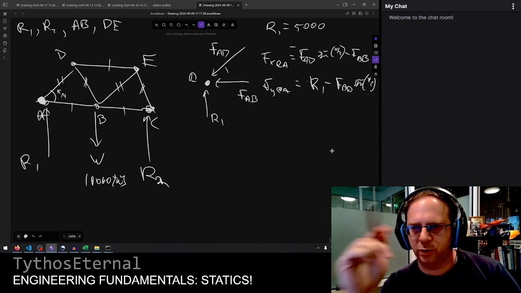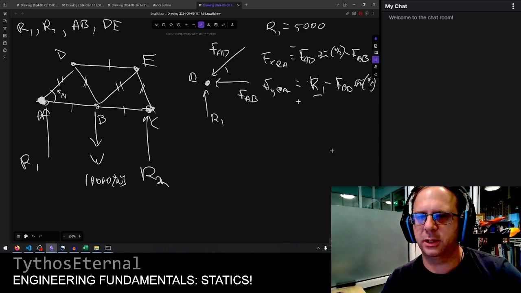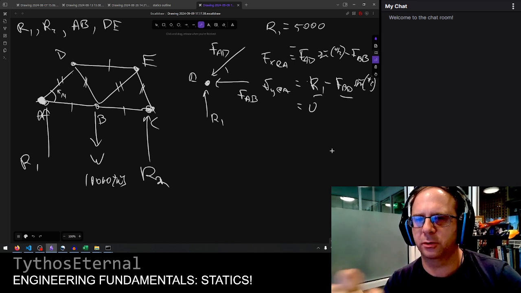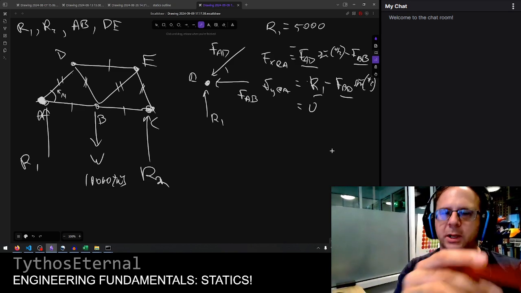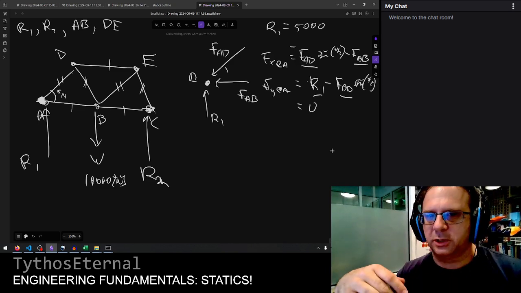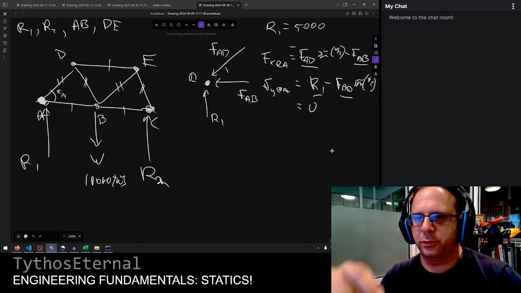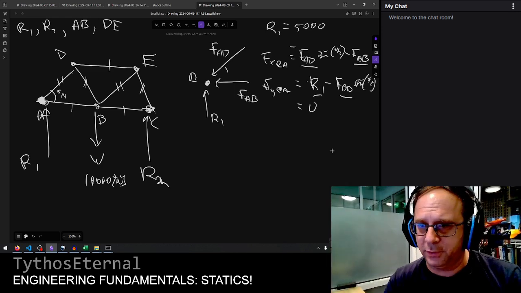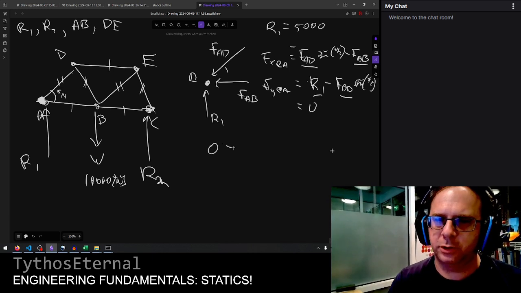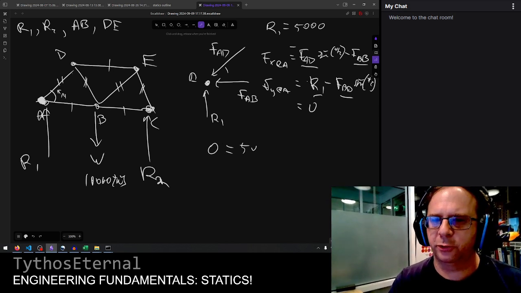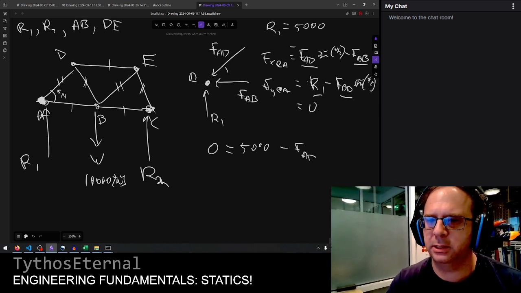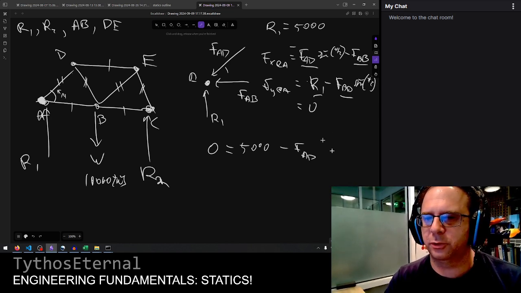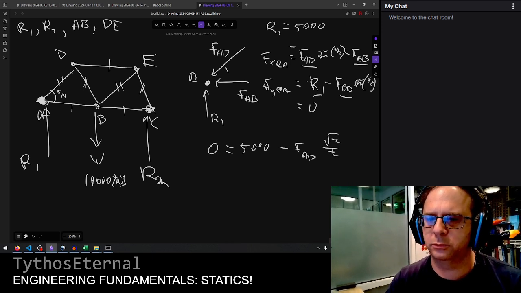We already have enough to start observing, like, okay, if this is a known quantity and this sums to 0, that means that this is a known quantity. If this is a known quantity, and we know this sums to 0, that is a known quantity, right? So FAB here is actually something we can solve without looking at any other points, just purely from these constraints. So 0 equals R1, which was 5,000, minus FAD, sine of pi over 2 is root 2 over 2, right?